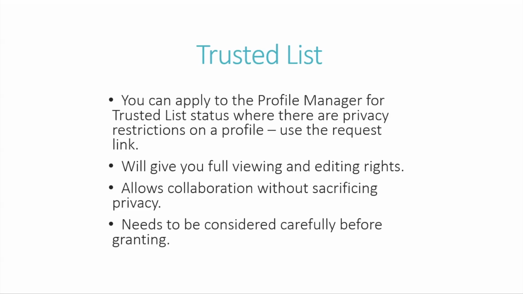And if it wasn't the brother, then I wouldn't give them trusted list status. Or, if there was a brother, rather than give them trusted list status, I would contact the particular person and say, look, I've got somebody who's trying to get the details of your brother. Are you happy enough for me to let them contact you? Things like that. So that's what I would do.